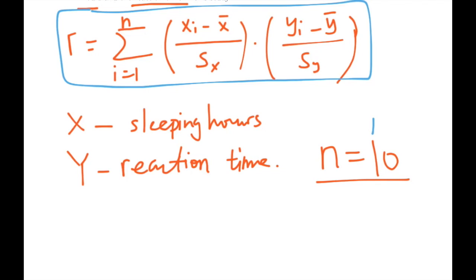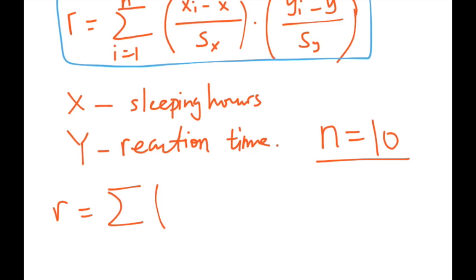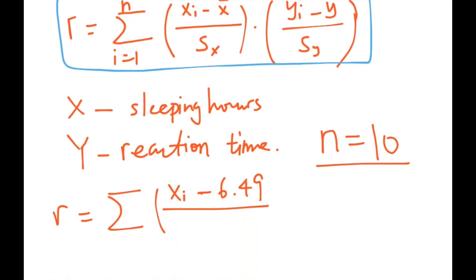The mean sleeping hours is equal to 6.49, and the standard deviation of the sleeping hours is 1.68.